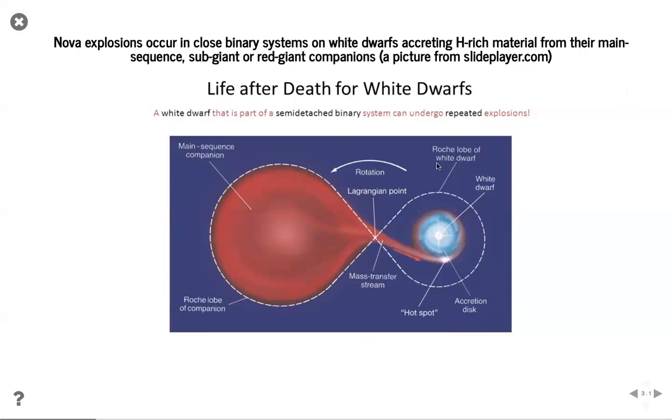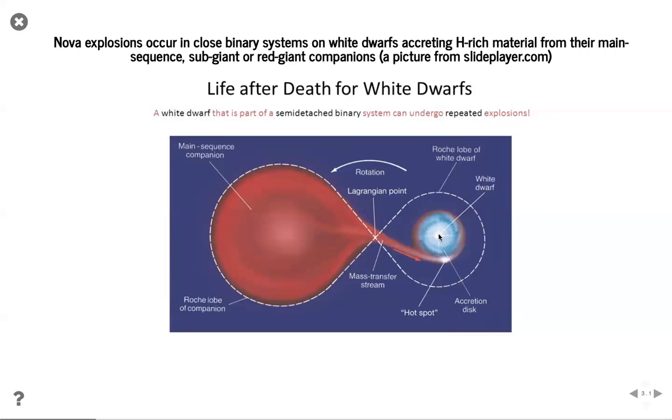Okay, so let's have a look at this picture. Here on the right, in the center on the right, you see a white dwarf. This is a compact object, the final evolutionary stage of low and intermediate mass stars, as I told you about in the slides on the introduction to stellar astrophysics.